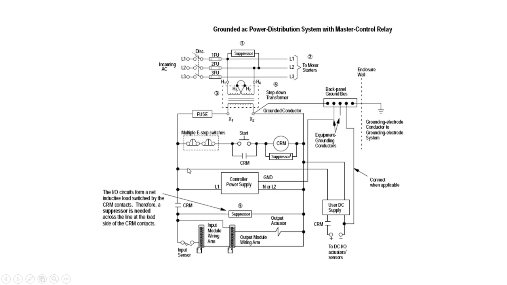And you'll also see that the DC power supply is always on too. But here's a control CRM, so when that relay turns on, that closes for the AC and that closes for the DC. This is all a hardwired system that brings power to the PLC. This is not part of the PLC ladder logic or anything like that.